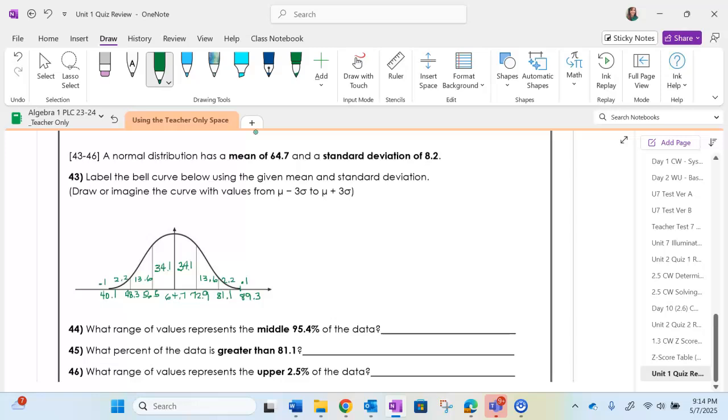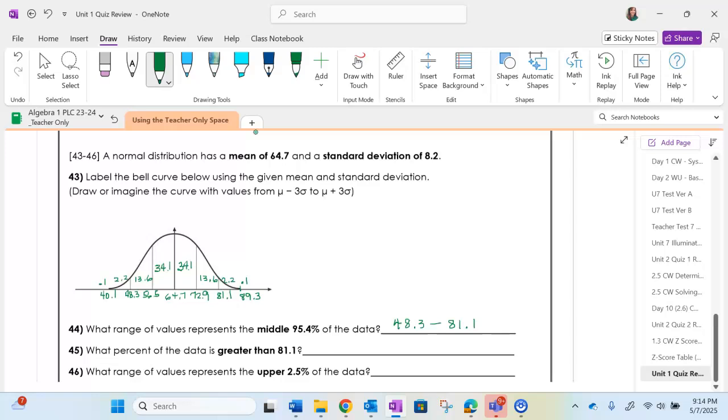All right, what range of values represents the middle 95.4%? Okay, that is 2 standard deviations. So that is going, let's see, from 48.3 to 81.1. That's the range.